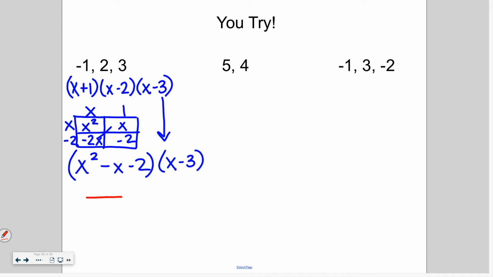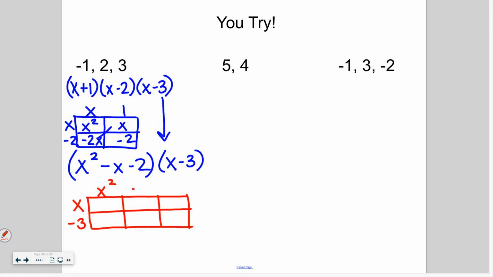So it's a 3 by 2. x and negative 3. x squared, negative x, negative 2. So we have x cubed, negative x squared, negative 2x, negative 3x squared.